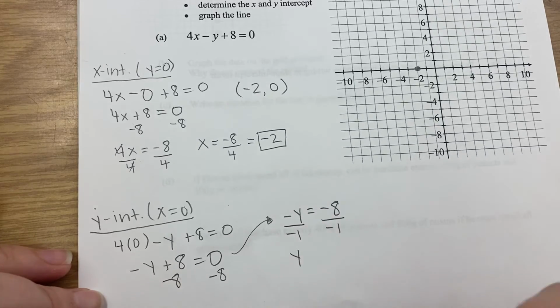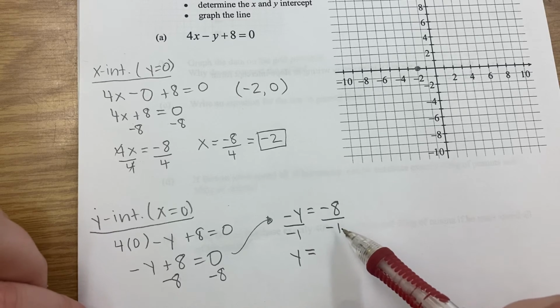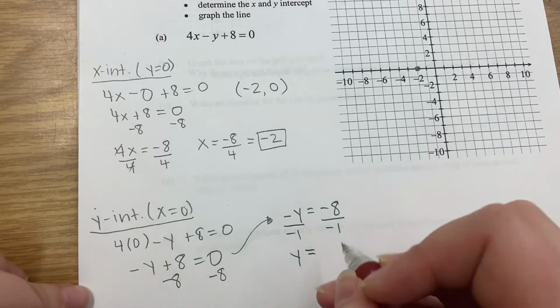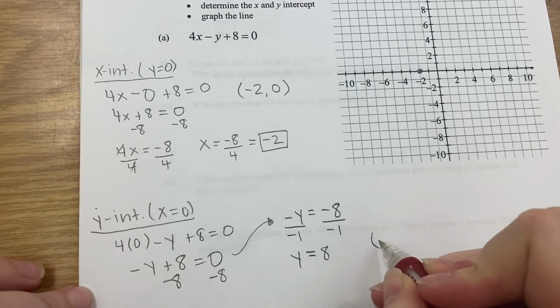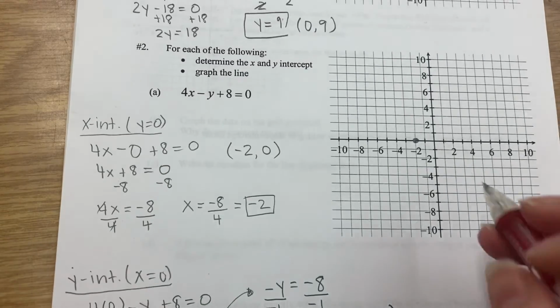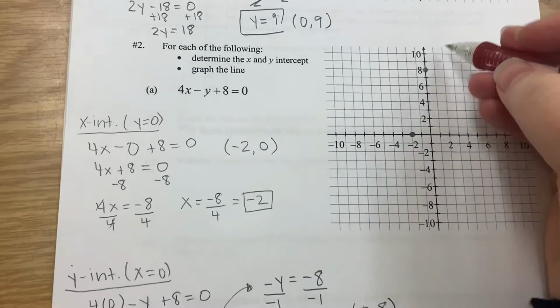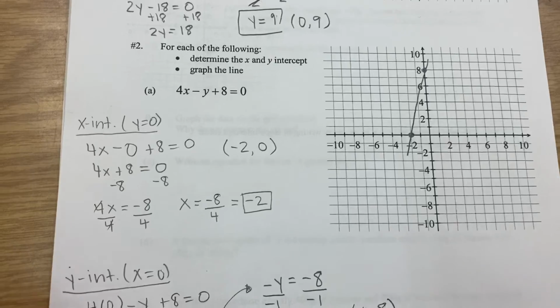So we have positive y is equal to negative 8 divided by negative 1. So a negative divided by negative is a positive. So we have y is equal to 8. And so that gives us the point 0, 8. And so if we plot that, that's right here. And we can draw a line. It's not perfect, but there you go.